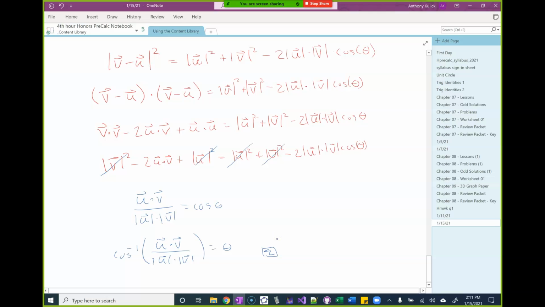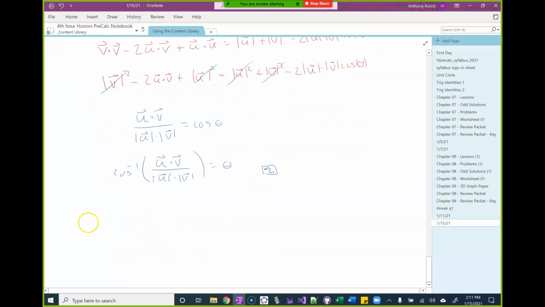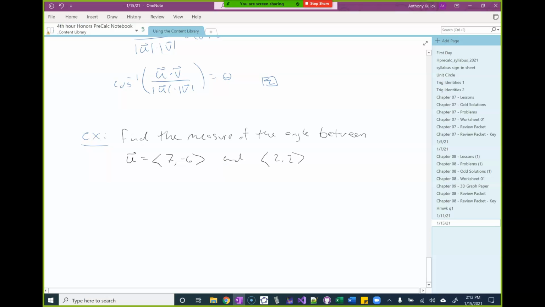Feel okay with that? Let's do a numeric example to just kind of drive this idea home. So we can write down our formula straight away.